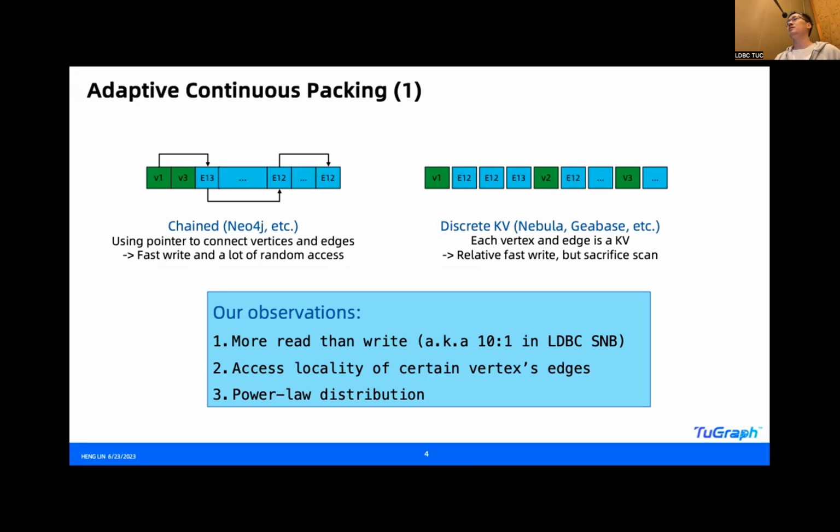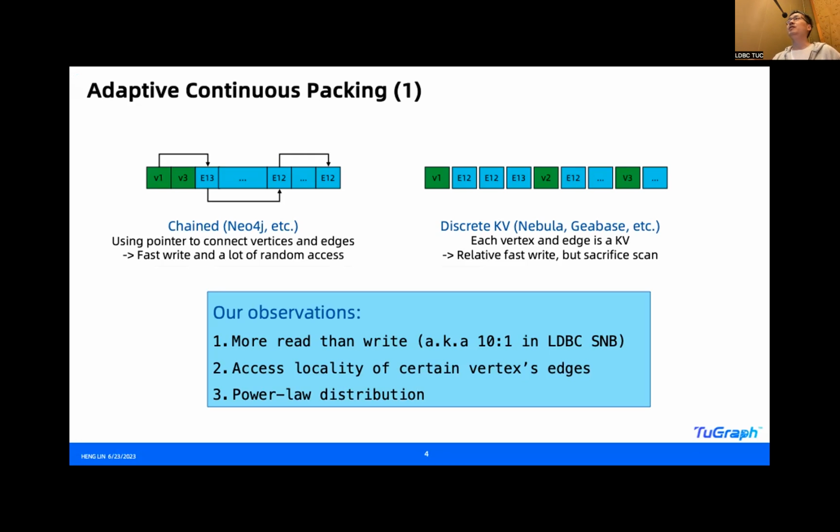Following the scenarios in our Ant Group usage and also in SNB, we found that we get more reads than writes, about 10 to 1 in LDBC SNB. So we thought we should make reads faster, as it's more important. The second observation is the access locality of a certain vertex's edges.